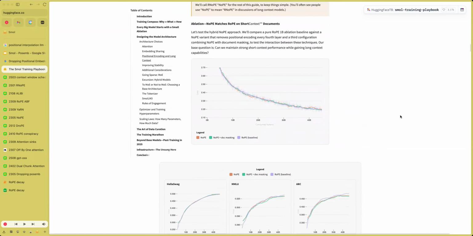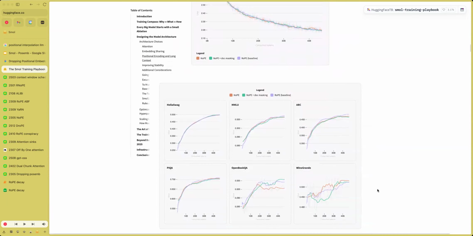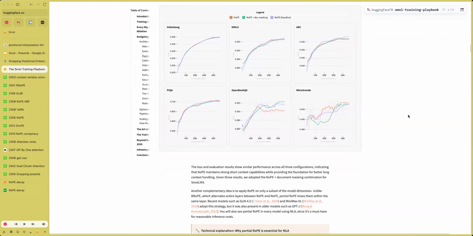So they only check on the same benchmarks they had before, and they say that using NoPE, alternating between NoPE and RoPE, doesn't hurt on small tasks, so it will probably help on long context tasks, and therefore they keep it. Yeah, that's what I take from their experiments here.